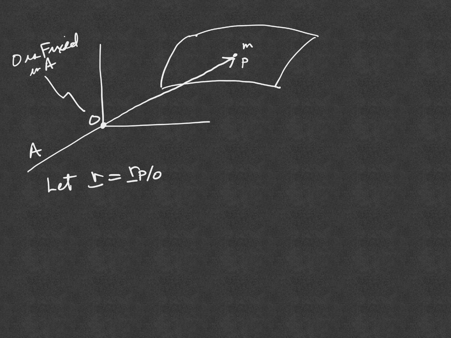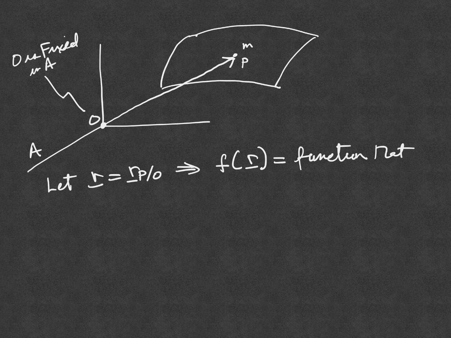And given that F is going to be a function of R, the function that describes S. So basically, this function is going to be such that F of R is equal to 0.